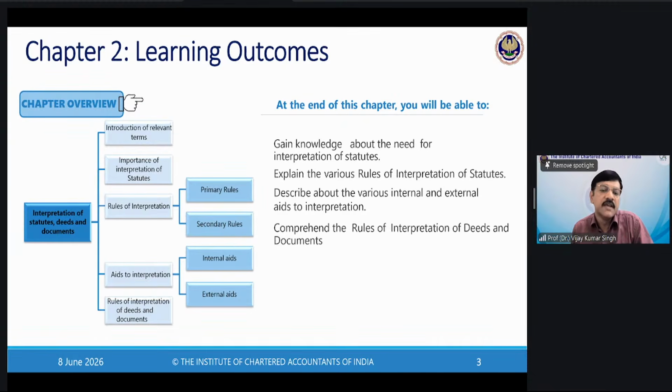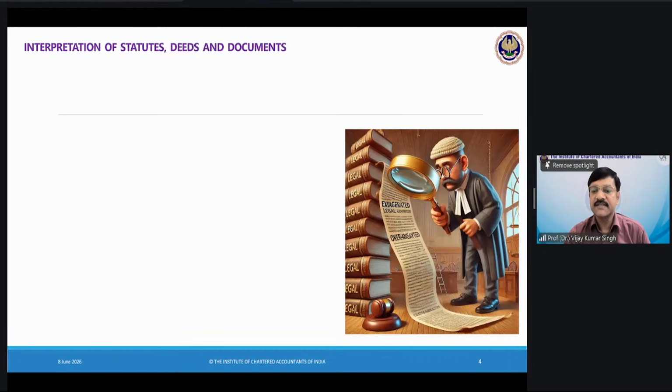We will go into these internal and external aids to interpretation in our next class. And then we will also see the rules of interpretation of deeds and documents. Moving ahead, let us understand what you understand by interpretation of statutes, deeds, and documents.